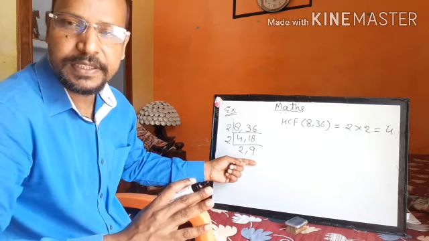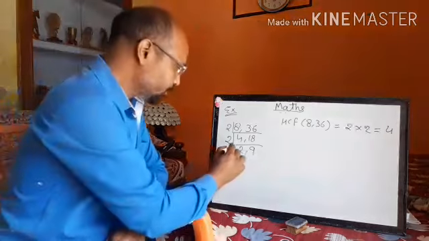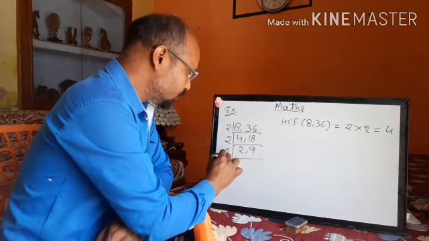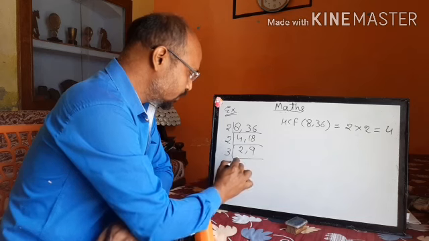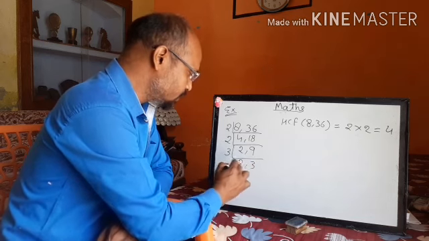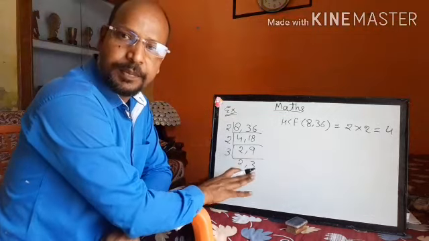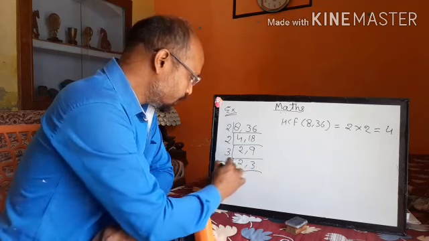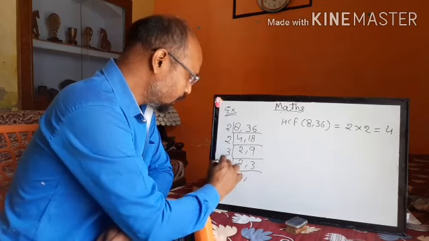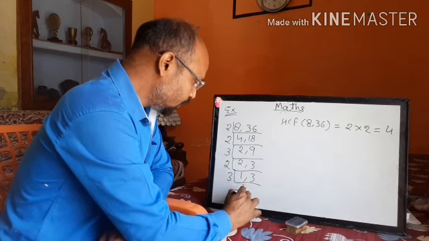And now 9 is divisible by 3. So 3 stays, 2 as it is, 3 3s are 9. Now 2 and 3 are prime numbers. Stop your division here, or you can further divide them: divide by 2 to get 1 and 3, and then by 3 to get 1 and 1.